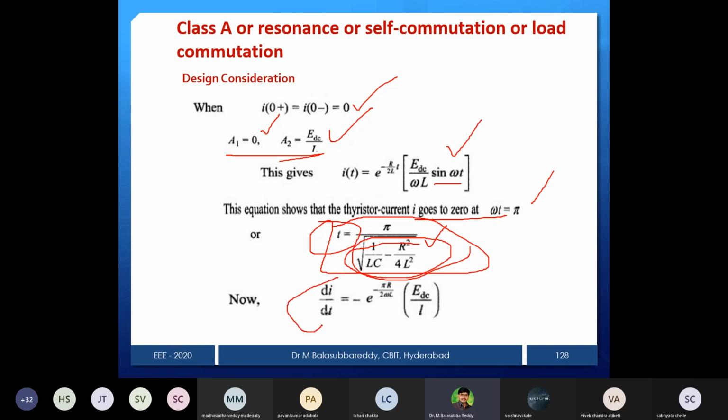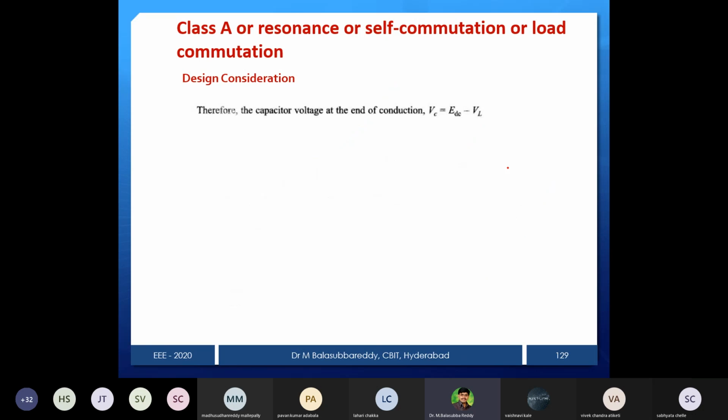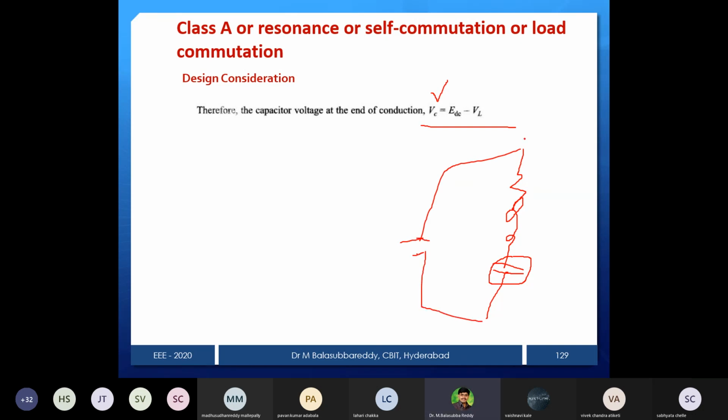Now differentiate di by dt for this equation, simplify further, and we'll get the voltage across the capacitor Vc, because all are in series. So Vc is equal to the input VDC minus VL, where VL is the voltage across the inductor.